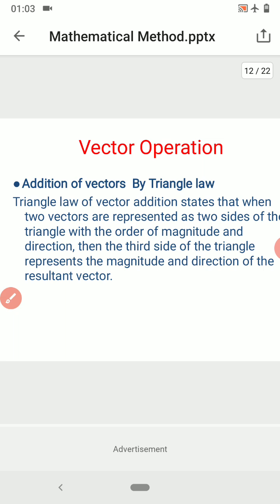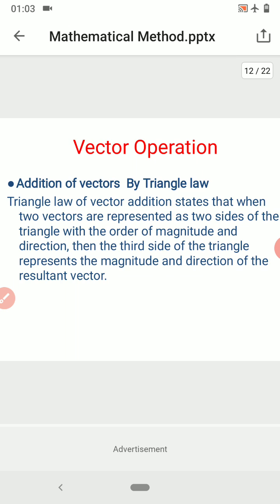Now the addition and subtraction of vectors. The addition or the subtraction of two or more vectors of the same type, that is describing the same physical quantity, gives rise to a single vector, such that the effect of this single vector is the same as the net effect of the vectors which have been added or subtracted.